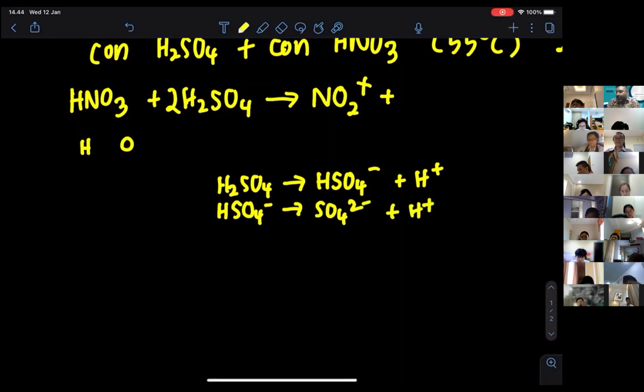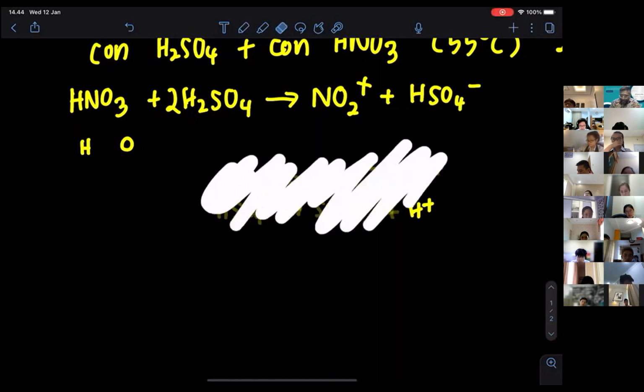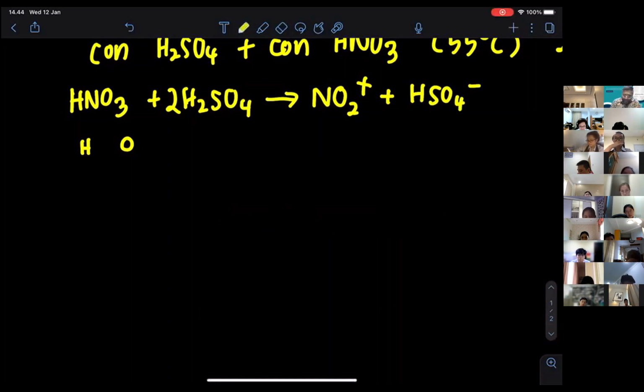I think most of you should know the charges. In this case, you are going to remove one of the H, so you are going to get HSO4 minus. I will erase this part. Since we have 2 moles, it must be 2 over here. So what is left over?